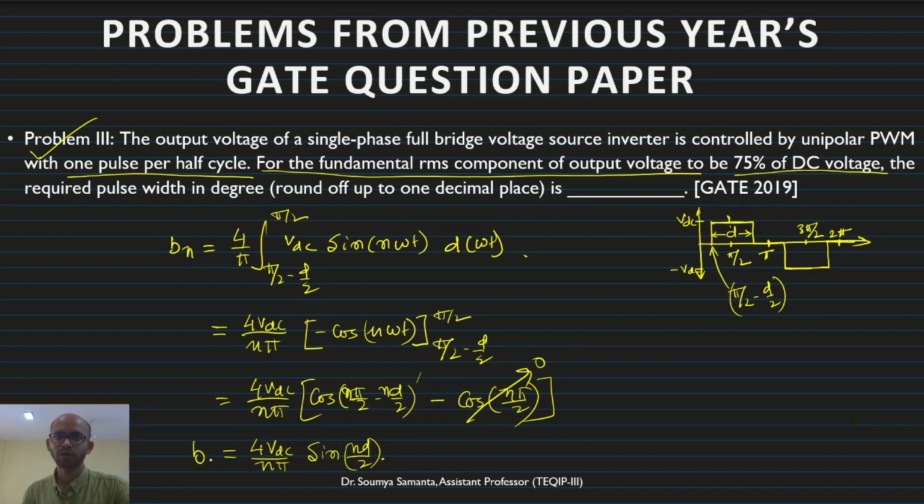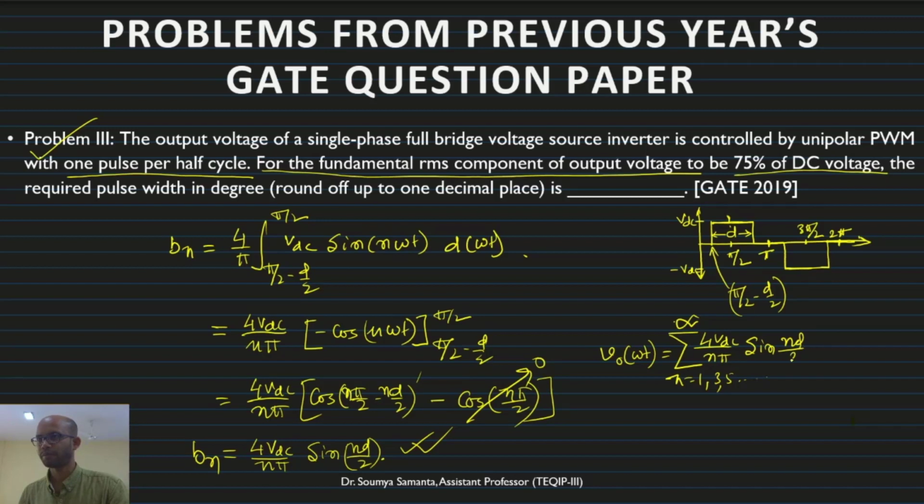This is the Bn, and this value will be the peak value of the waveform, because the next part is the sine of n omega t. So if I find out the V naught of omega t, that will be the summation of n equals 1, 3, 5 to infinity, 4 VDC by n pi, sine of n D by 2 into sine of n omega t.